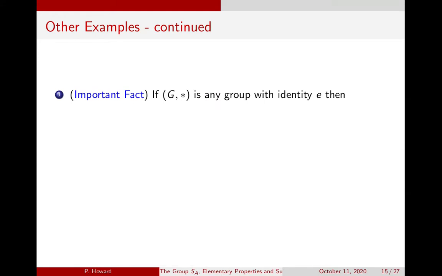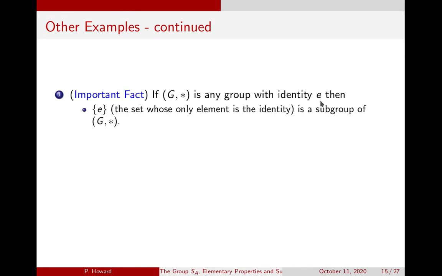Here is sort of an example. It's an important fact anyway. If you have a group G star whose identity is E, then the set whose only element is E is a subgroup of G comma star. This is fairly easy to verify. This set will be a subset of G. This set is non-empty because it has the identity in it.